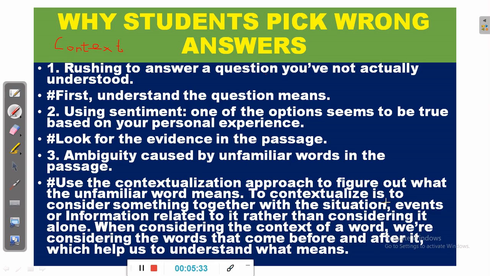That is a different meaning. But in linguistics, talking about English language, when we are considering the context of a word, we are considering the words that come before and after it, which help us to understand what it means. So you try to look at how the word is used.